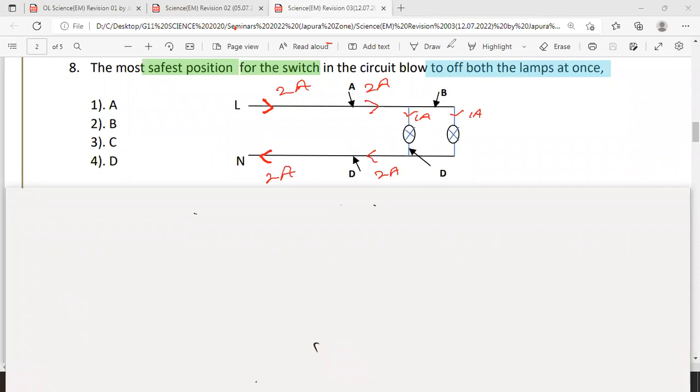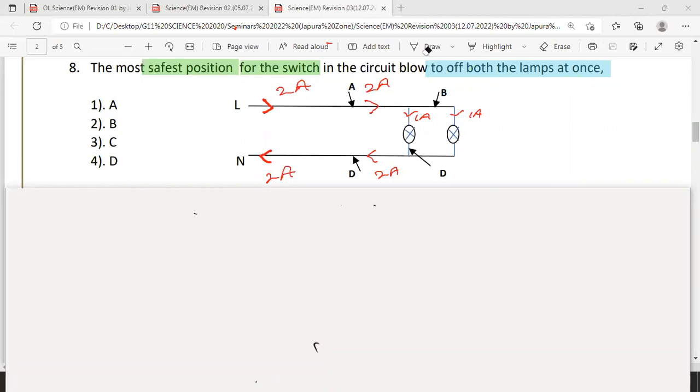Let's see, I'll put an arrow. If you put the switch at point B, you can turn off only the second bulb. Put an arrow towards B, right?